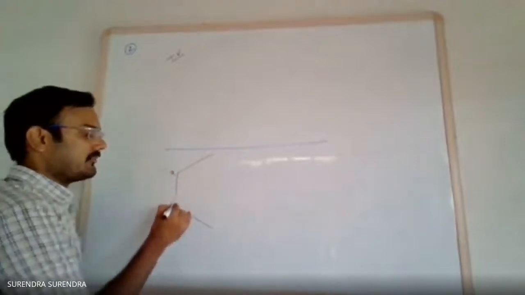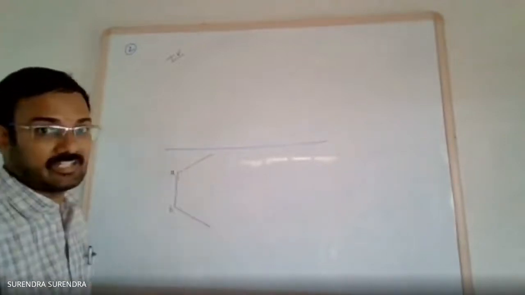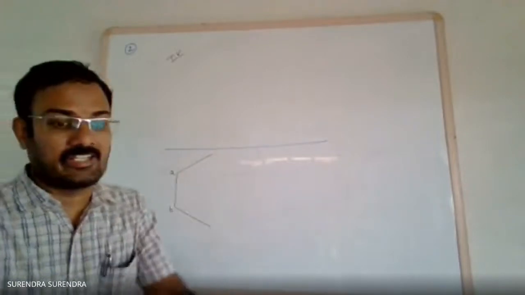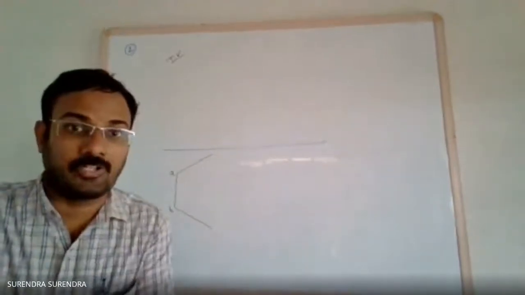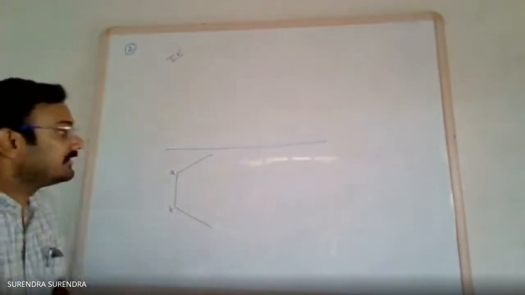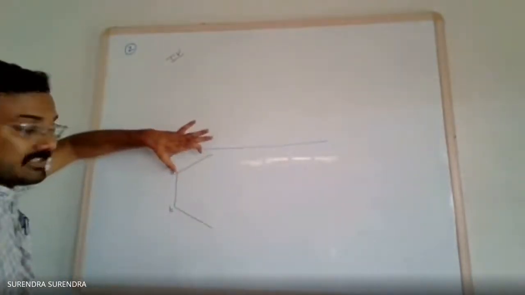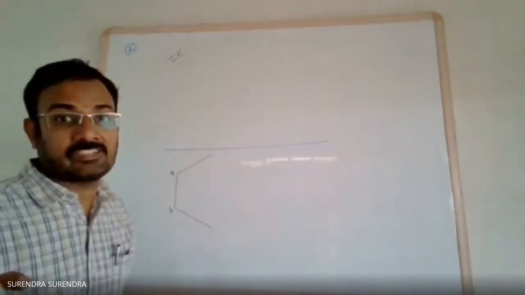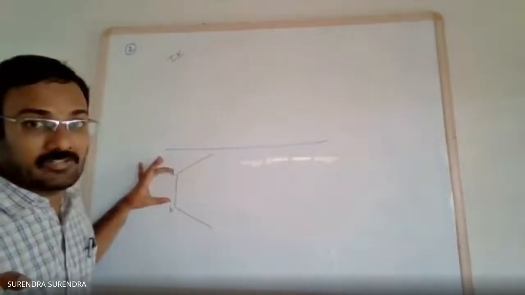These two angles are 108 and 108. After drawing two inclined lines at included angle 108 degrees, take the compass with A as center and length equal to, here the pentagonal lamina is of side 30 mm. So AB equal to 30 mm.